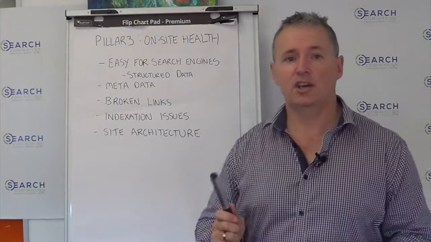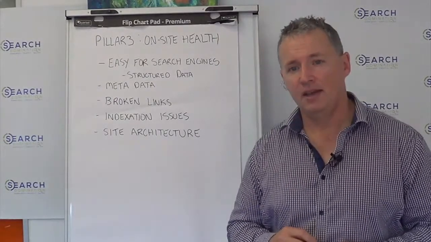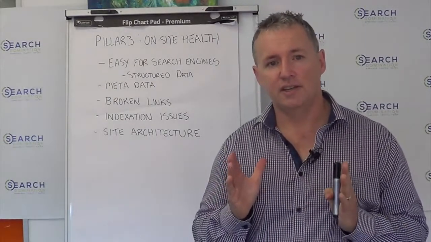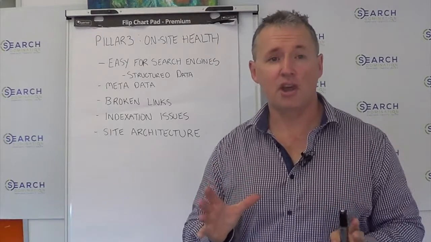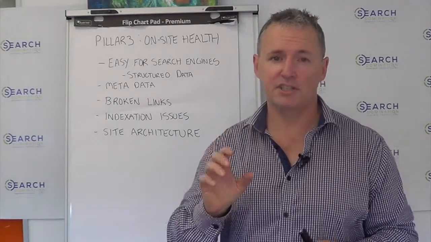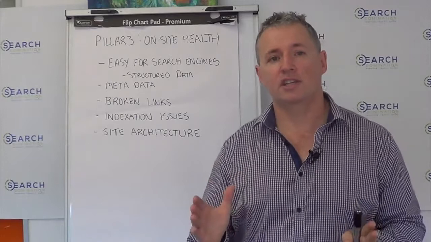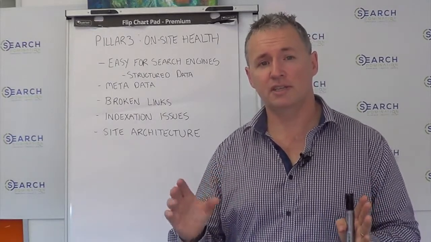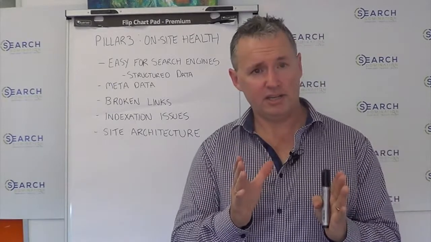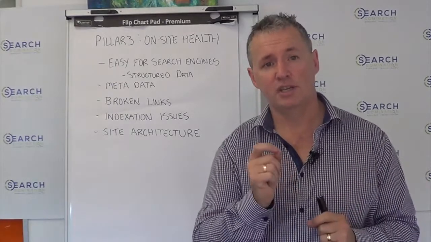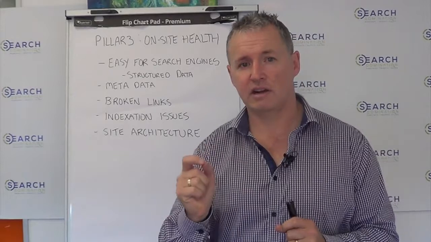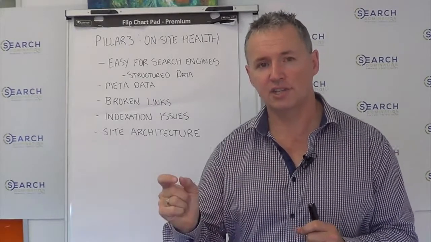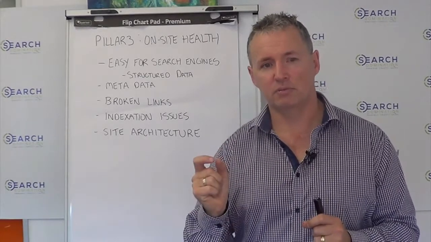And finally, site architecture. Once you've done your keyword research and you know exactly the keyword phrases that you're chasing, you can then set your website up to make sure that it is optimized not only for ranking for your keywords, but also in the various geographical locations. That's another common problem I often see.